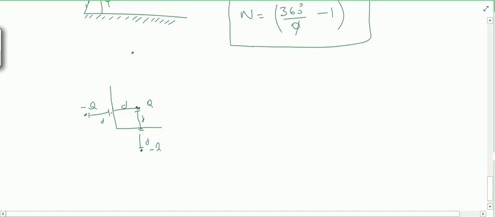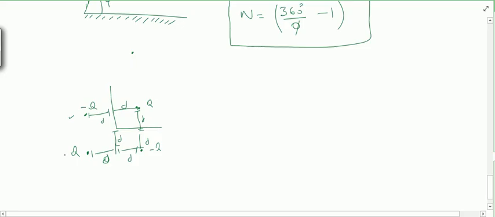Now what happened is, due to these two there will be another charge of plus q at the same distance d from here and from here. So this will be the arrangement, and you can also see the number of images.